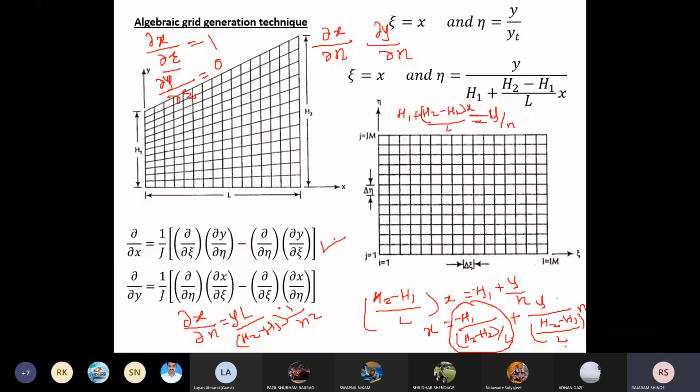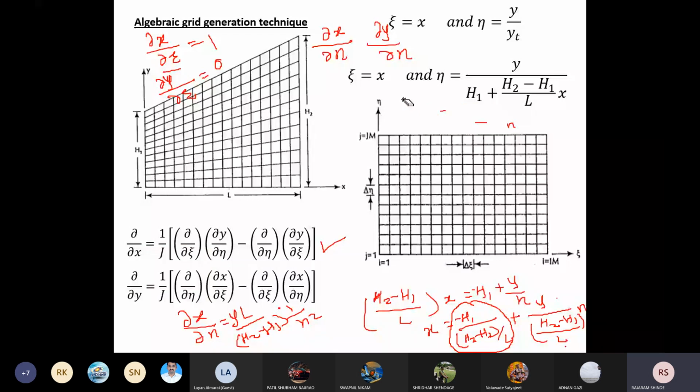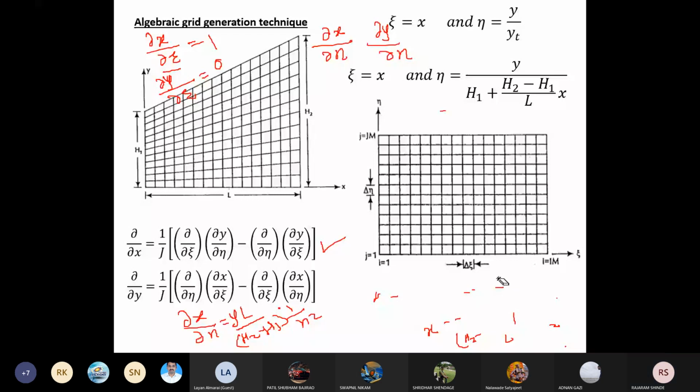We need to calculate this term, that is, y with respect to η. For this, again you write this equation in the appropriate form, that is, y in terms of η.